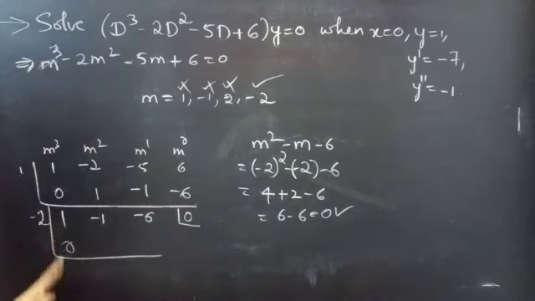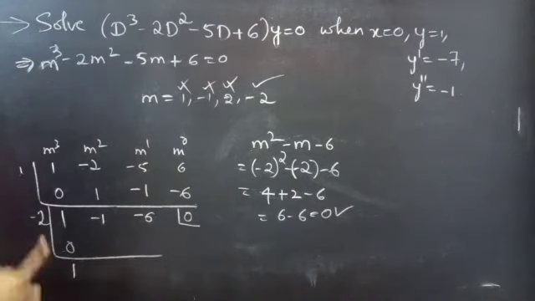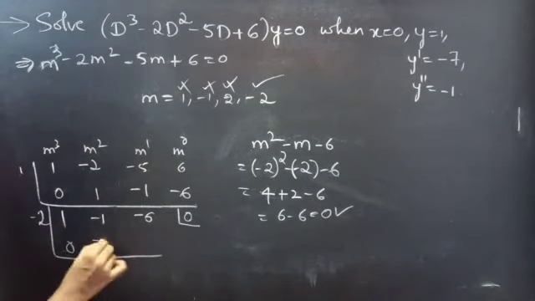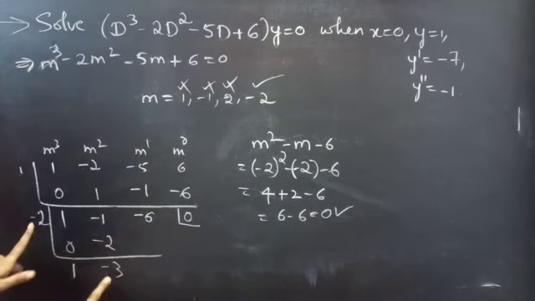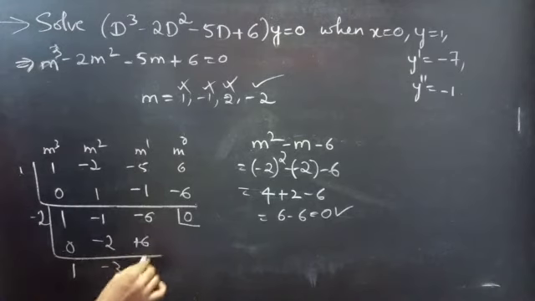So put minus 2 here. 1 plus 0, 1. Minus 2 into 1 is minus 2. Minus 1 minus 2 is minus 3. Minus into minus, plus 2 threes are 6. Minus 6 plus 6 is 0. Right?